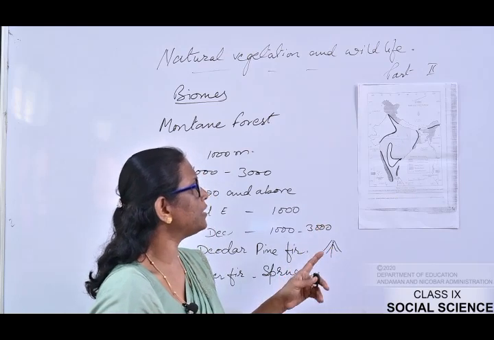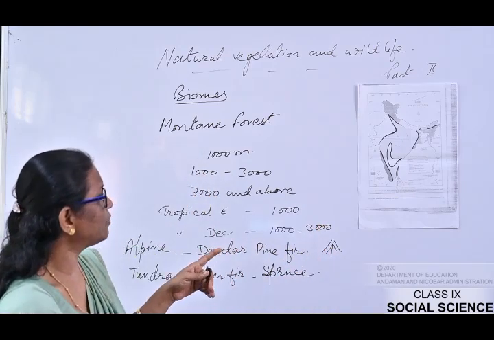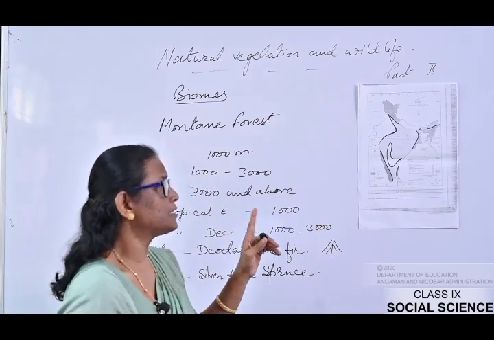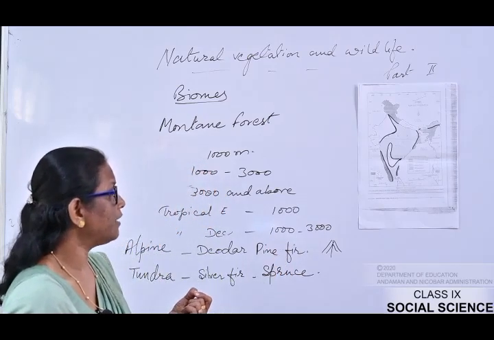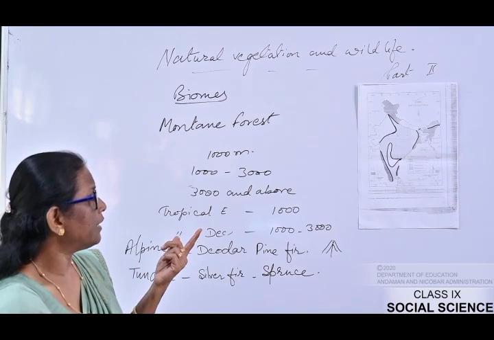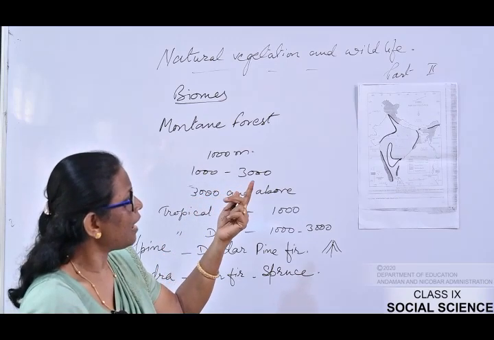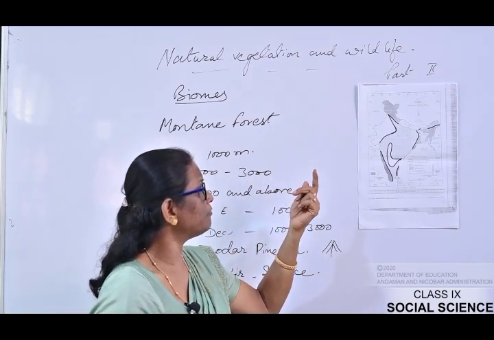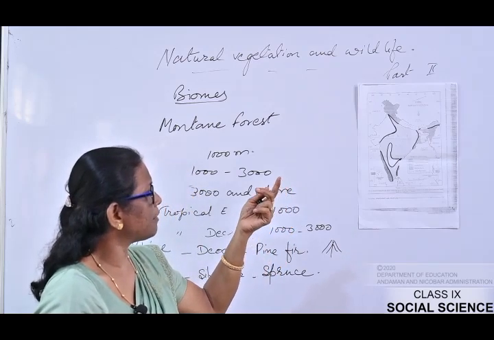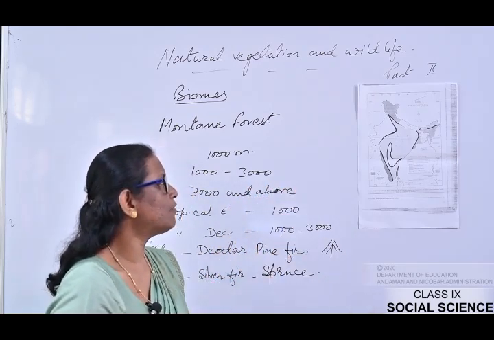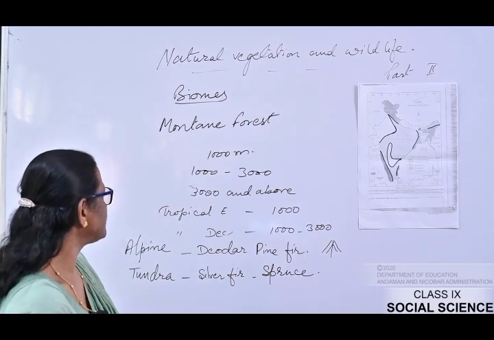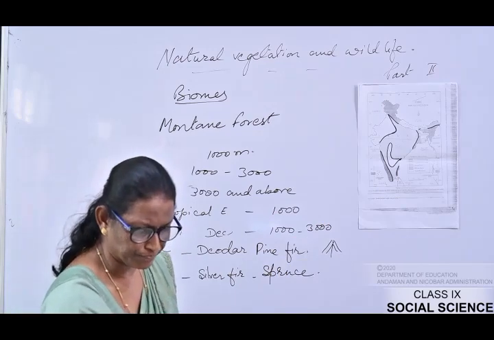In Himalayan region, the wildlife found, you know, this area is for snow leopard, red panda, and some monkey, langur. These are the types of animals found in this region. This is about montane forest.